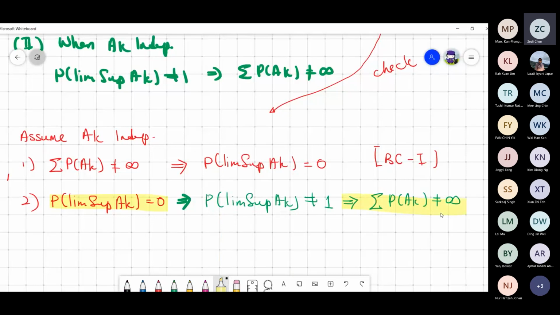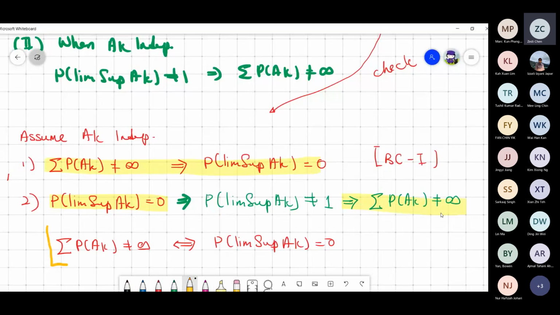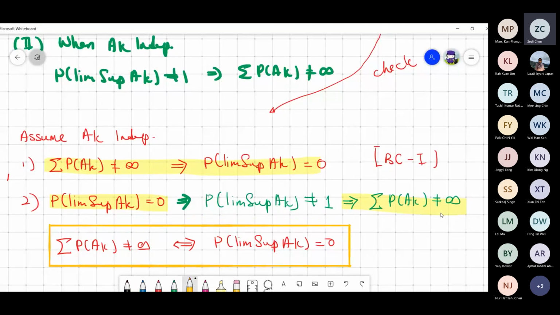So if you combine these two, then we have the sum of P of AK not infinity if and only if P lim sub AK is equal to 0, provided AK is independent.